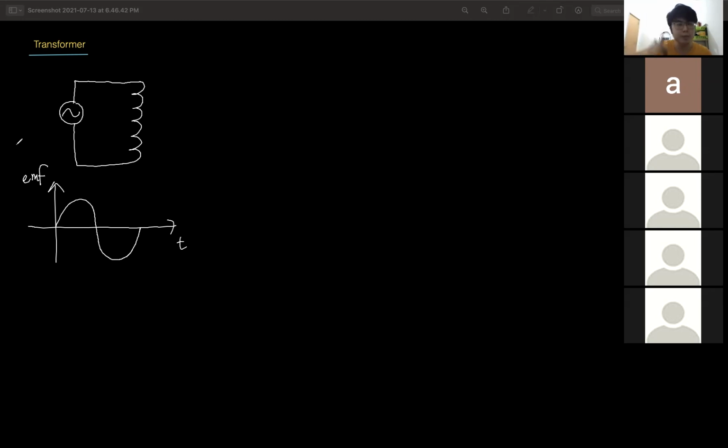So current is produced and the value of the current increases to the peak, drops back to 0, and then now it goes the other end, the negative, which means that the current now is moving in the opposite direction. Again, it increases and then drops. This is AC current. DC current, the graph is flat, straight, because the value doesn't change.